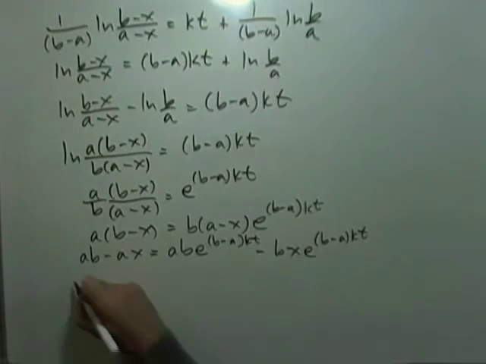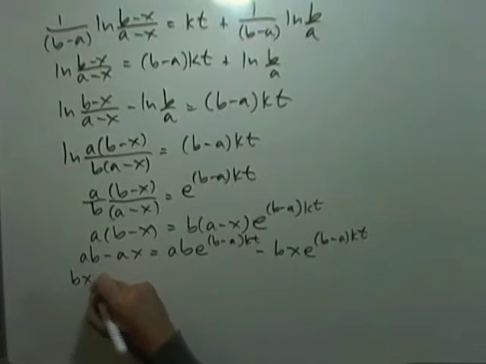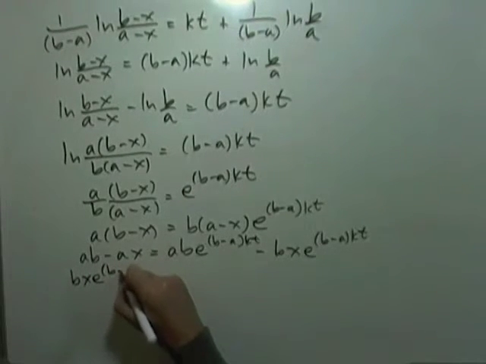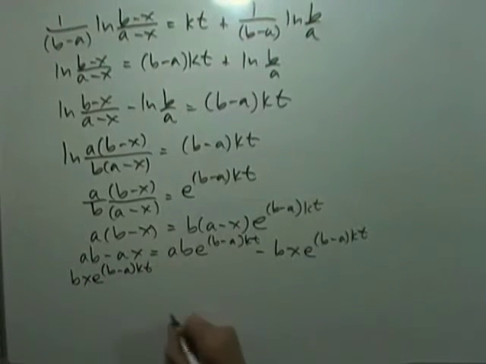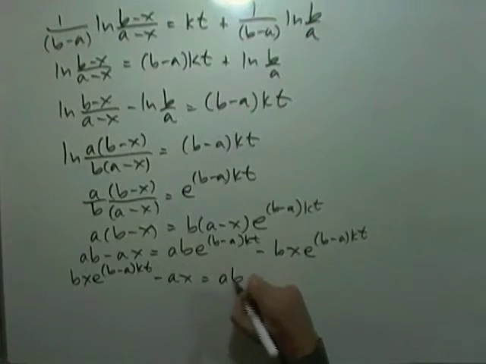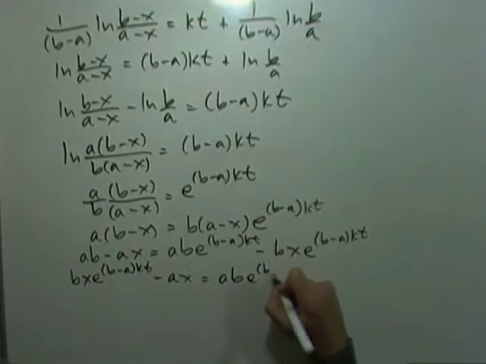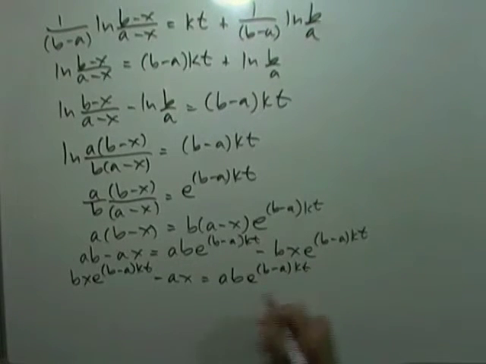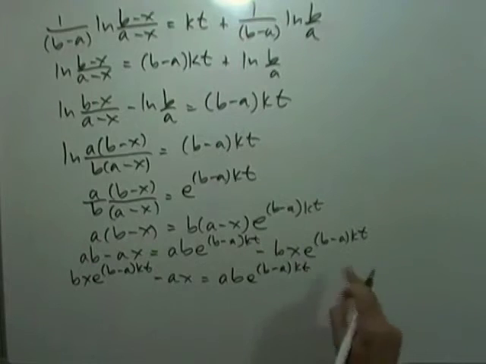I've got bxe to the b minus a kt minus the ax equals abe to the b minus a kt, bringing that part over, minus ab.